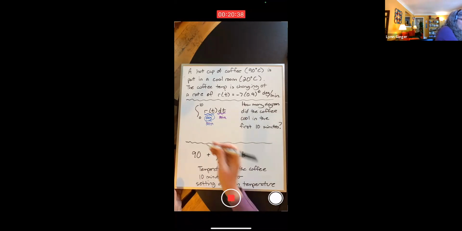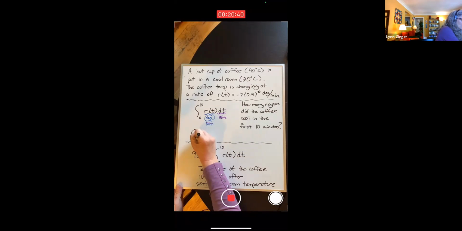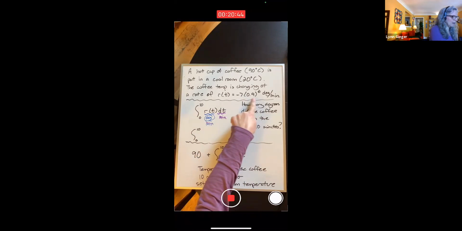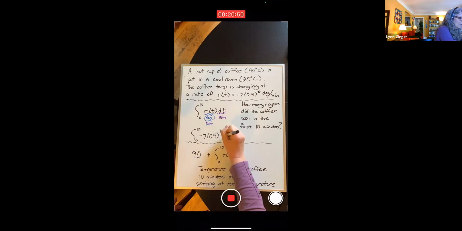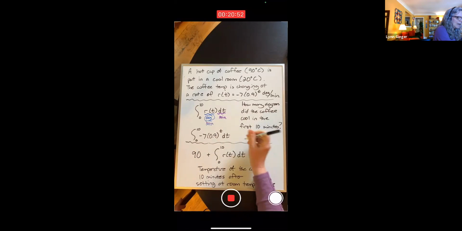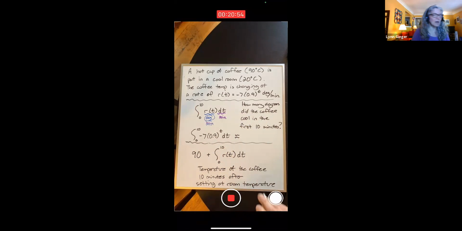Now let's actually talk about how you could use Desmos to get something more precise. So we have a formula here. It's the integral of -7 times 0.9 to the t, dt, and Desmos will give us a good approximate value for that. So let's go to Desmos for this.